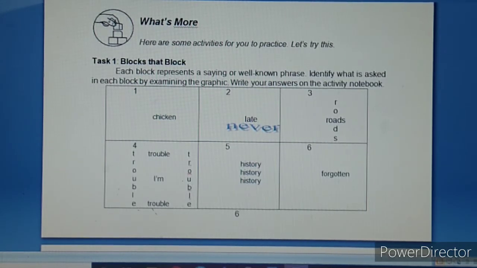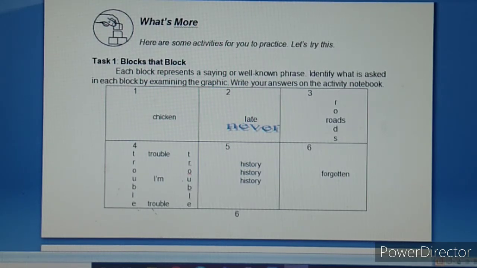So number 1, you have there the word chicken. Among the boxes there, only the word chicken is very small. It is written very small. So what do you think is the correct answer for number 1? Okay, the correct answer for number 1 is little chicken.